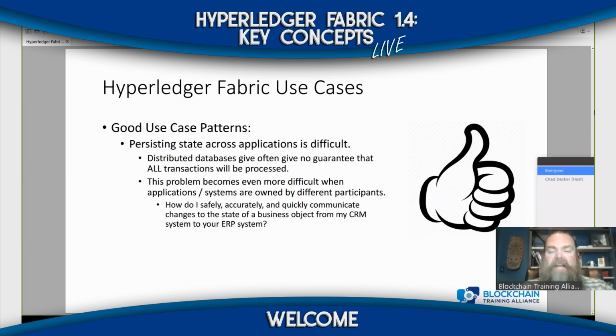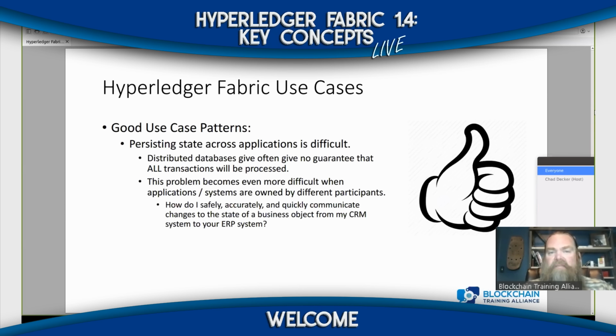So I go out and I land a big sale for 10,000 units of that great new smartphone that you're going to start manufacturing. I close that sale inside my CRM system. How do I communicate that across organizational boundaries into your ERP system so you can start manufacturing the units to fulfill that order? This is one of the biggest challenges we face in IT right now.